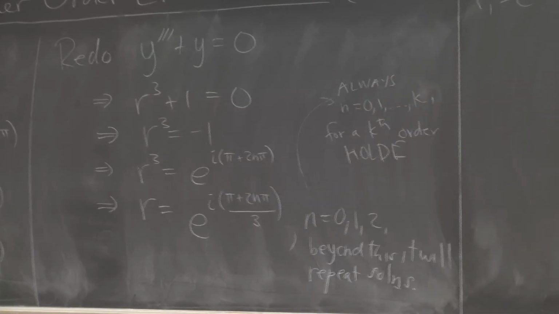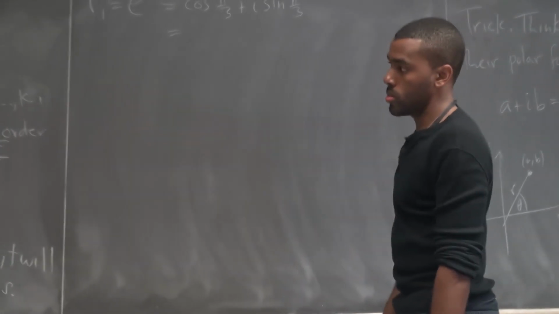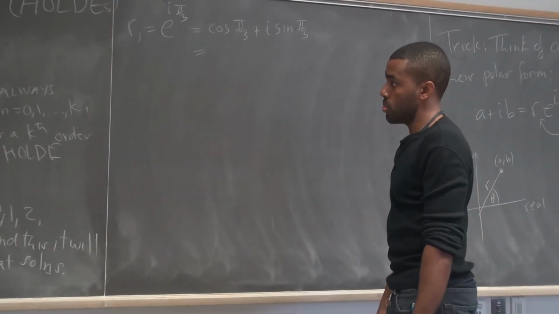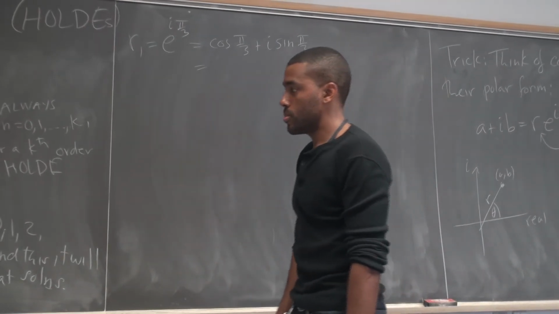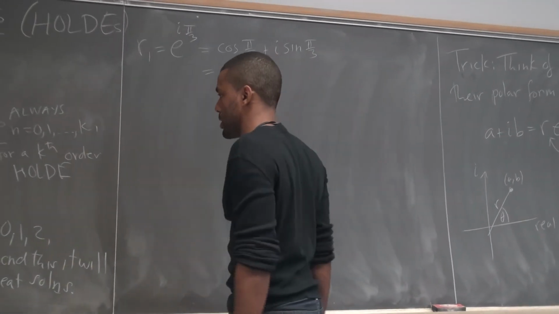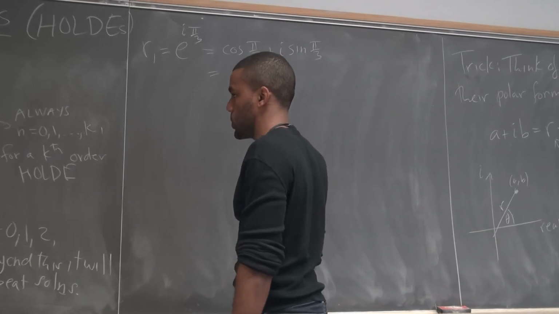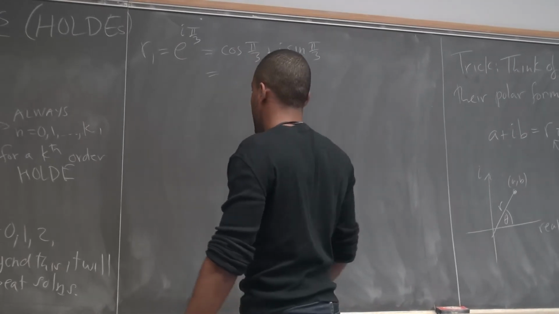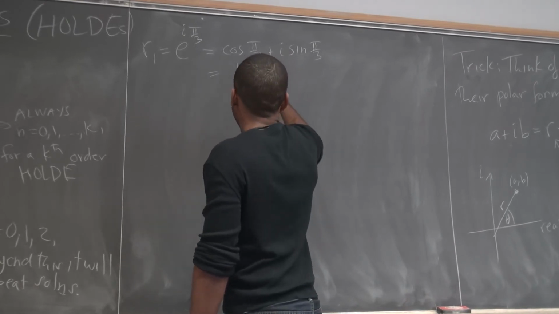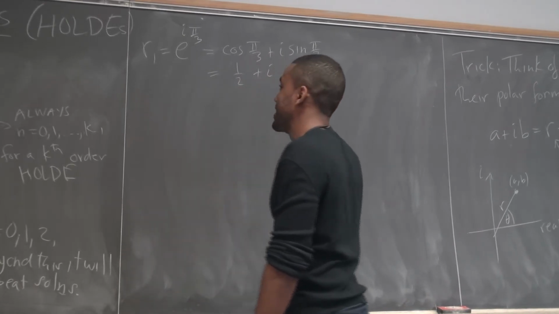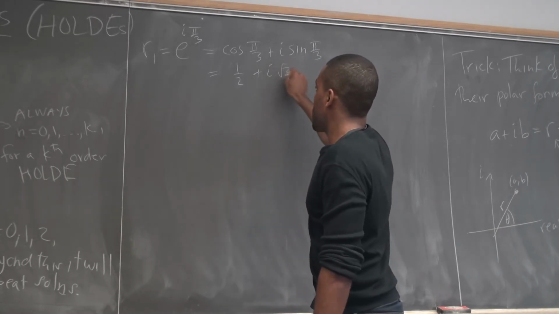What's cosine pi over 3? Well, don't all shout at me. What's sine of pi over 3? Root 3 over 2. Radical 3 over 2.